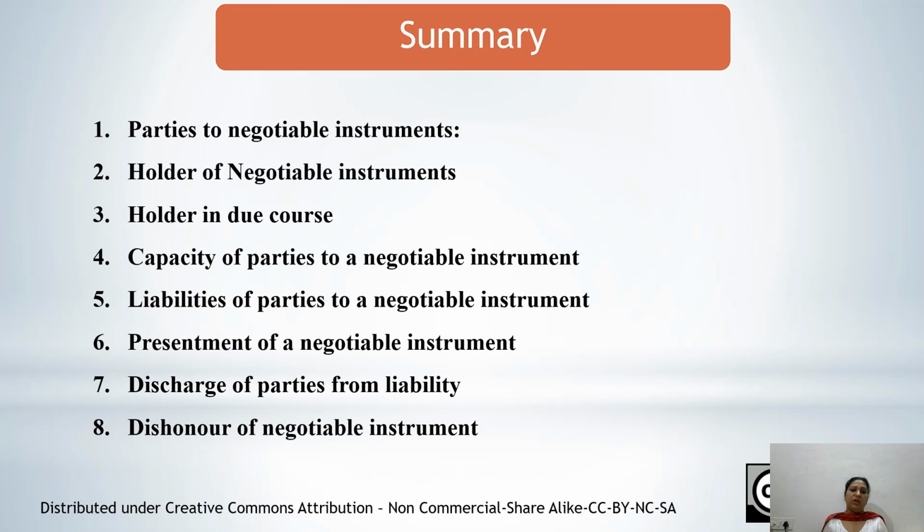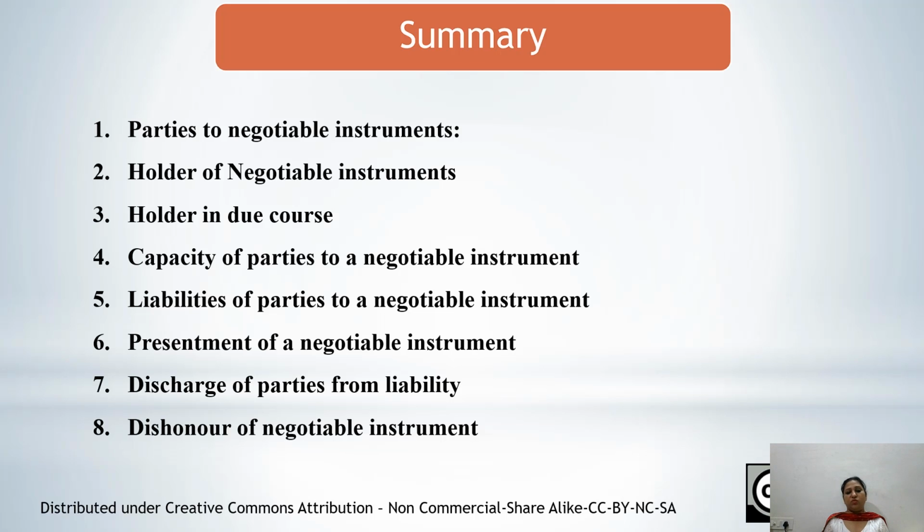Capacity of parties to a negotiable instrument, which can affect validity, that is the minor, person of unsound mind, insolvents, partners, Hindu joint family, etc. Liability of parties to a negotiable instrument. We have discussed the liability of maker, drawer, drawee, and all that.